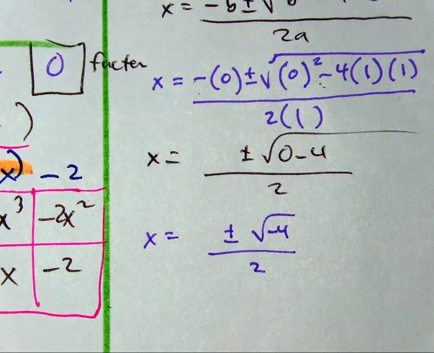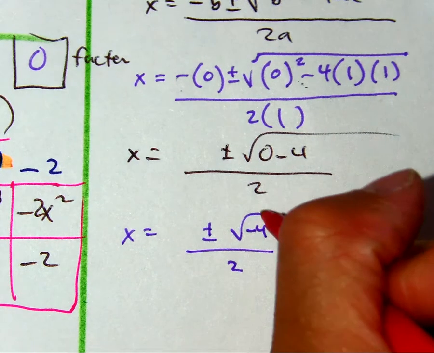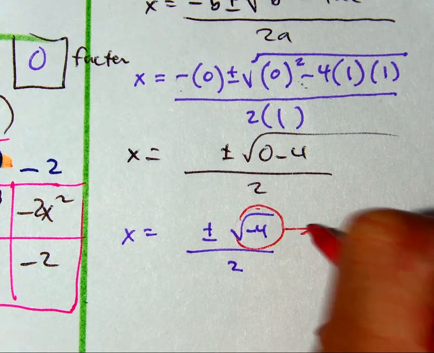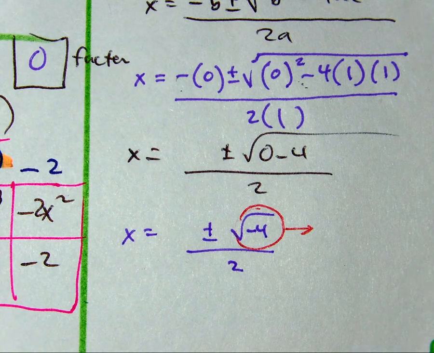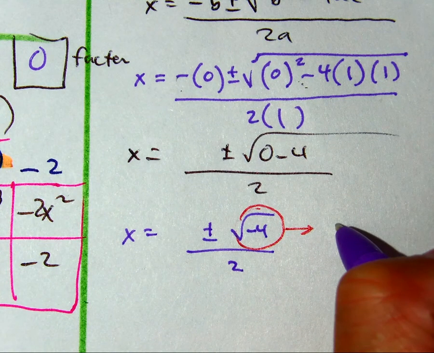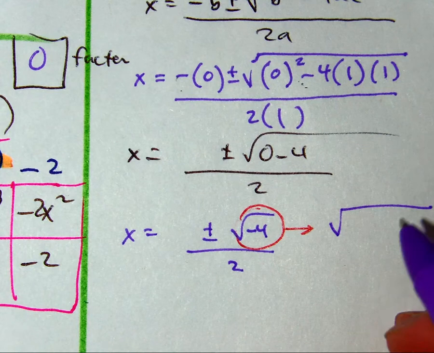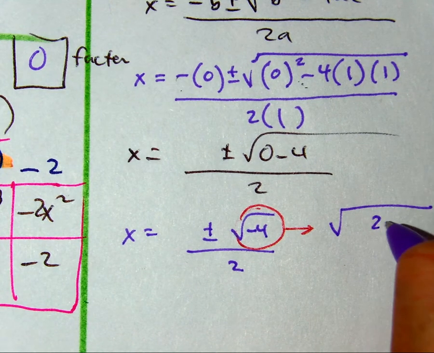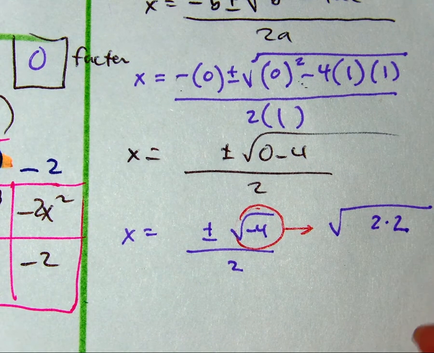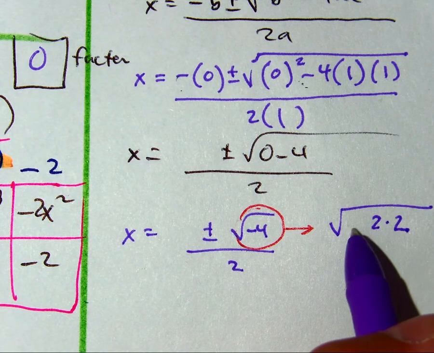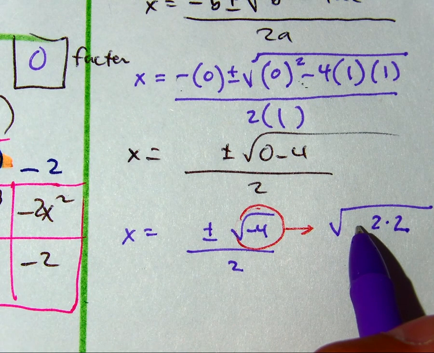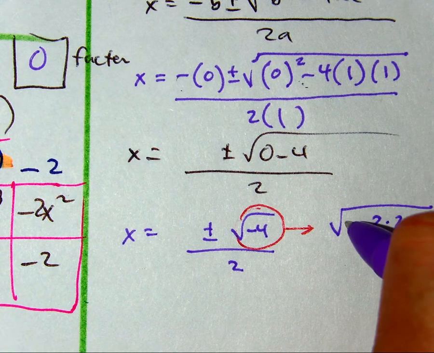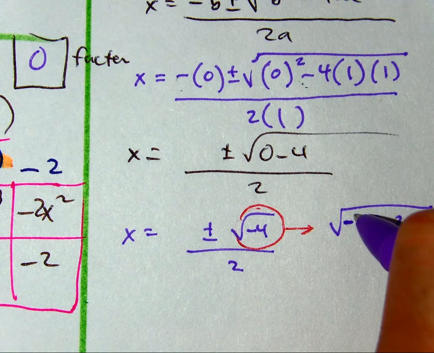Correct? Alright, Evelyn. What are the factors of negative 4? Two numbers that multiply to be negative 4. Can I do 2 times 2? So what number would I have to put here? Negative what? And negative 1.